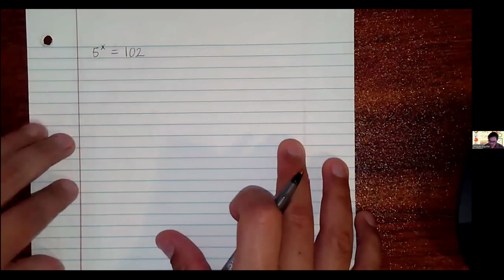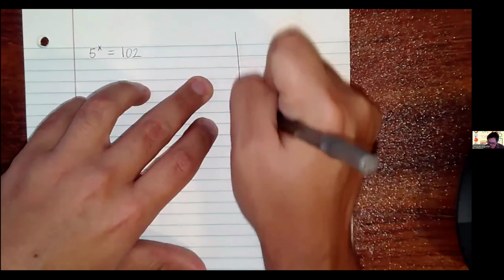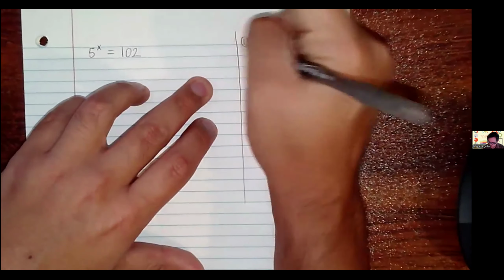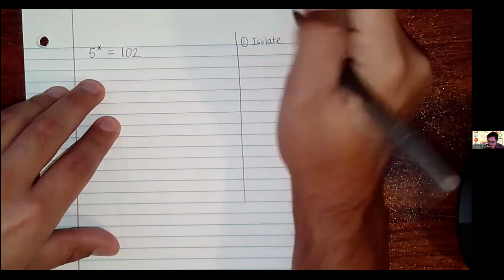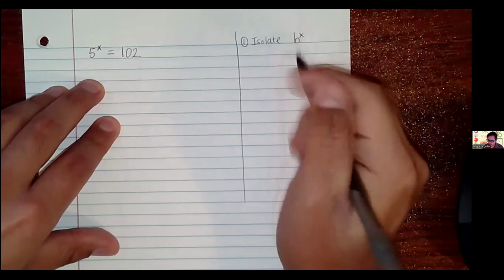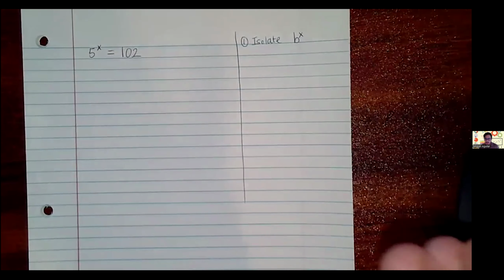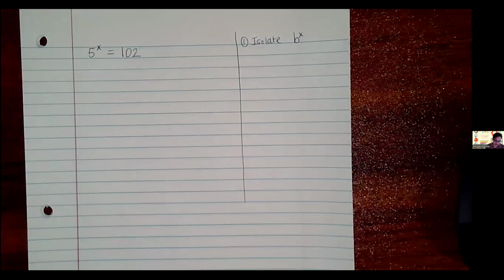Okay, so I'm going to keep on annotating over here. First step, we want to isolate the exponential, so b to the x power or whatever to whatever power, okay? Is that isolated? Are we done with step 1?